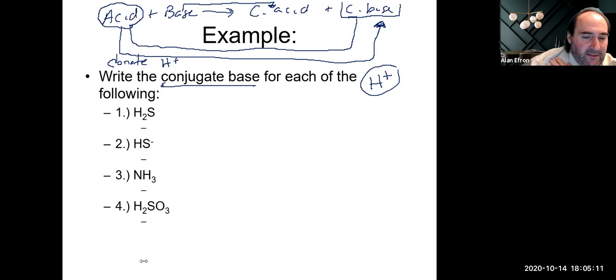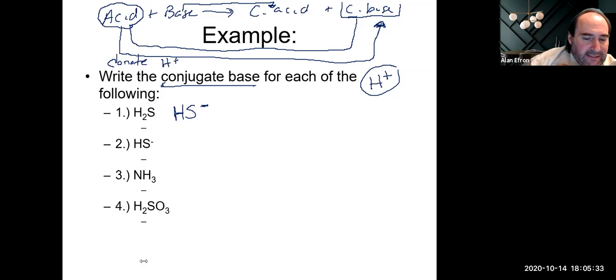Using that thought process, starting with H2S, I basically need to get rid of an H plus. When I get rid of one H, I am left with an H and an S. And when you get rid of the plus, you become one more negative. So this would be HS negative.